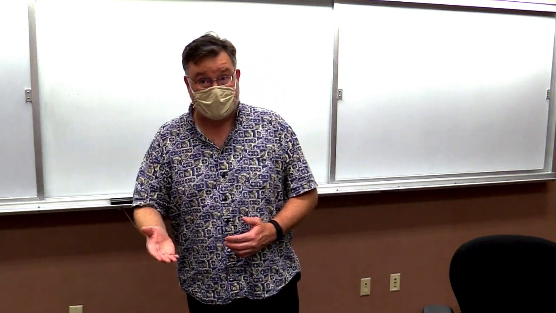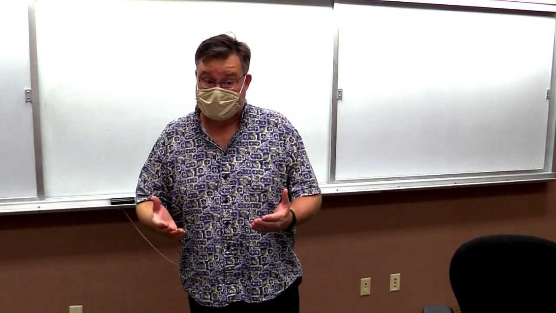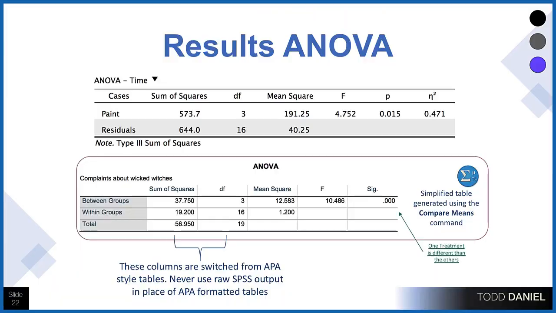But when we see the software, it may be listed differently. So for instance, with JASP, for the between factors, that's the types of paint, or the differences between the types of paint, they just tell you the name of the variable, which in this case is paint. And instead of within, they use the term residuals, which is the term that we associate with the general linear model or regression. So these are two very legitimate ways of referring to between and within, but it's a little bit different.